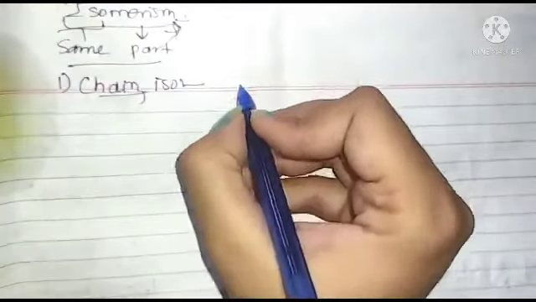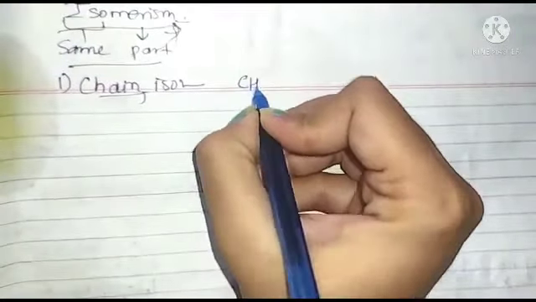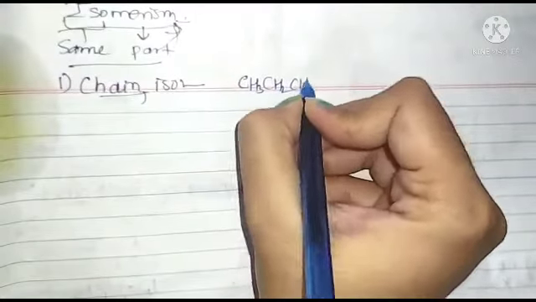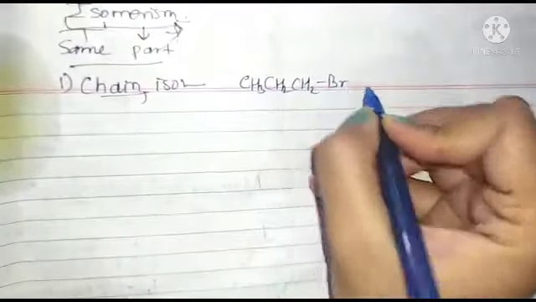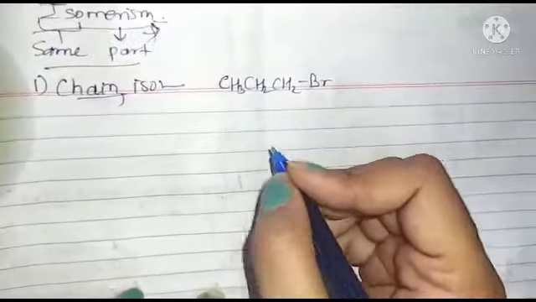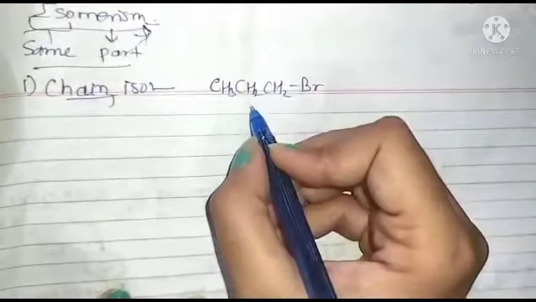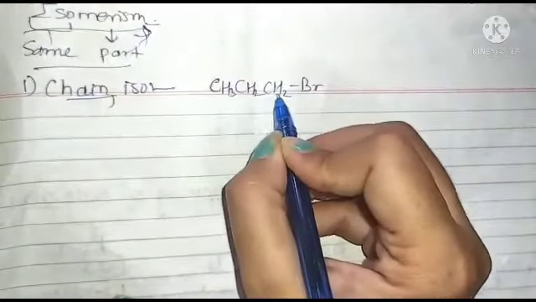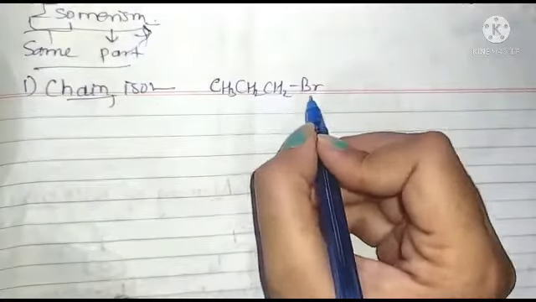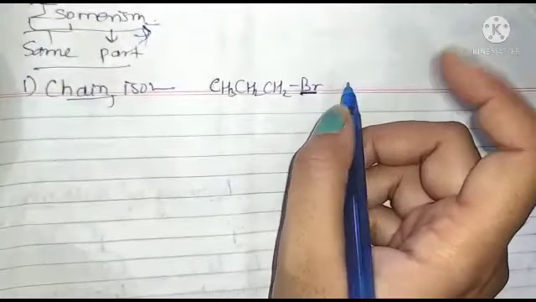If I'm taking one example, like CH3CH2CH2Br, then in the case of chain isomerism, the carbon atoms can change their position, but the halogen atom does not.